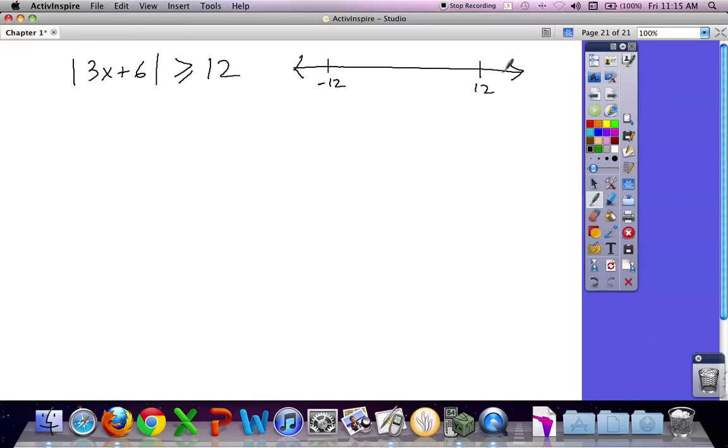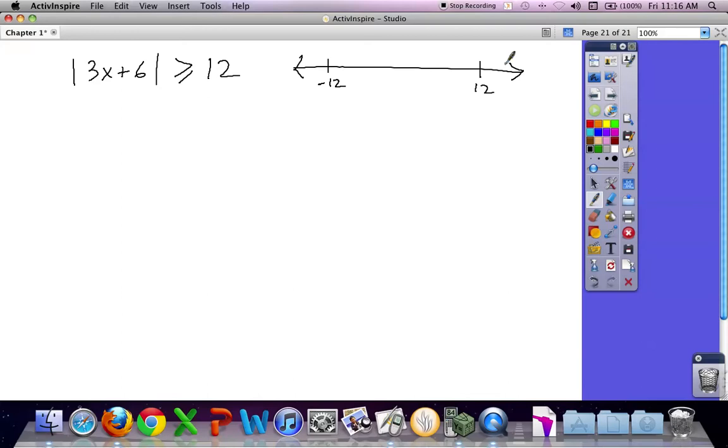If whatever value of x we substitute makes that expression greater than or equal to 12, then that will satisfy our inequality. However, if it makes this expression equal something less than negative 12, when I take the absolute value, it'll turn that into a number greater than 12, and this inequality will hold also.